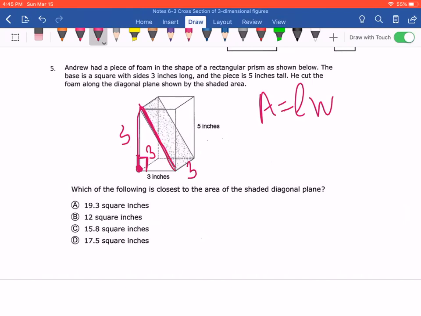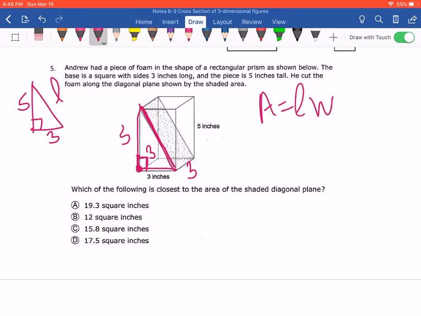However, hopefully you're saying to yourself right now, Miss Powell, I know how you can find that length. Can't we just use the Pythagorean theorem? If you're thinking that, good job, you are right. If we redraw that right triangle, height of 5, one of the legs is 3. I have no idea what the hypotenuse is, but with respect to the shaded region, it is considered my length.